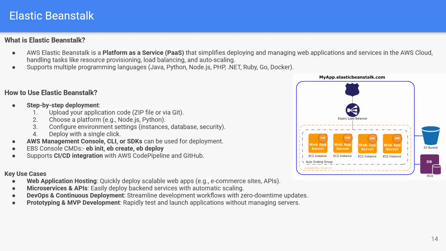We can initialize our repository using the init command. Then from the create command, we can configure our instances, database, security, and the configuration environment for our application to run. Then from the deploy command, we can easily deploy things into AWS.